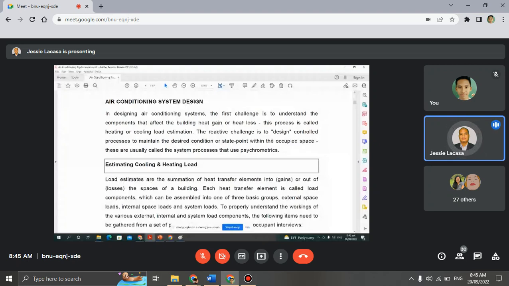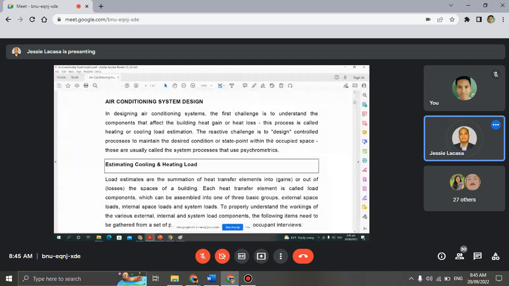Lisod kayo nga mo adjust sa iyang beam, so kita ang mo adjust, kay dili ma-compromise ang kaligunon sa building para lang sa ato.